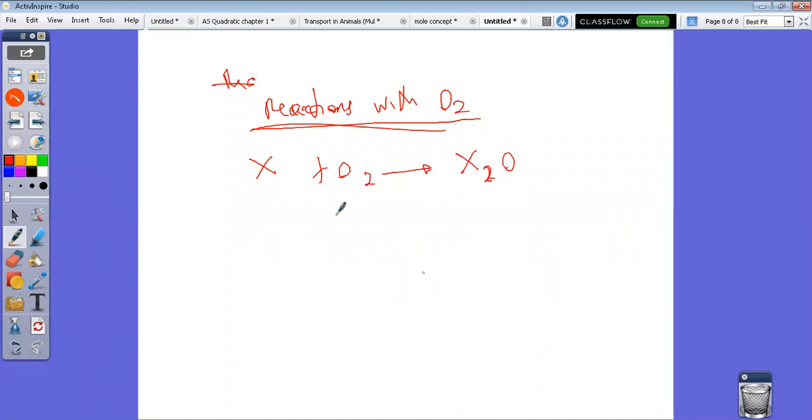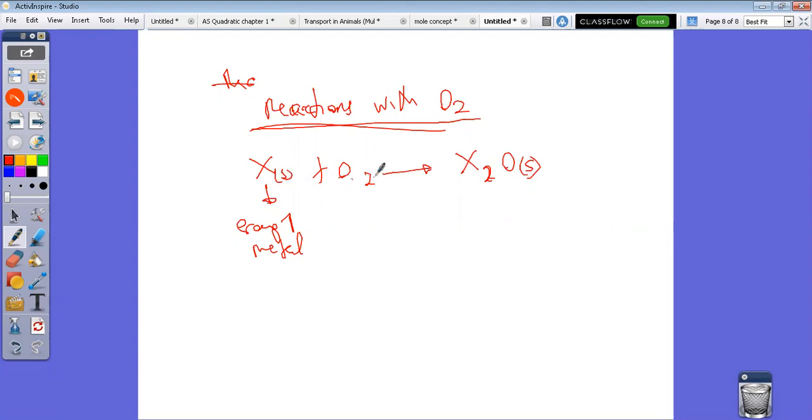That's all you need to remember. X stands for any group 1 metal. The oxide that we form is a solid. So this is a gas, this is a solid.